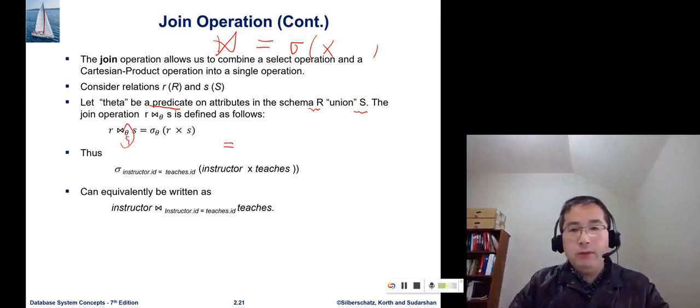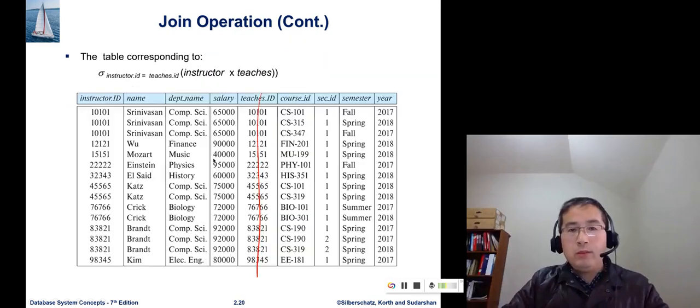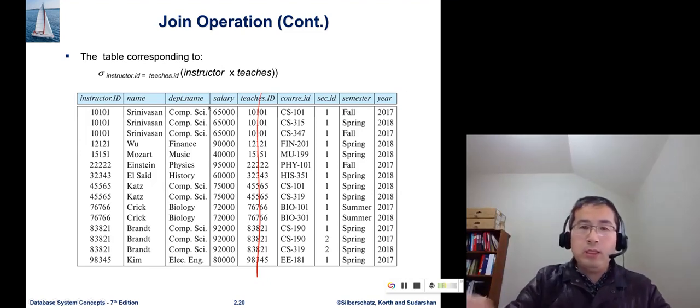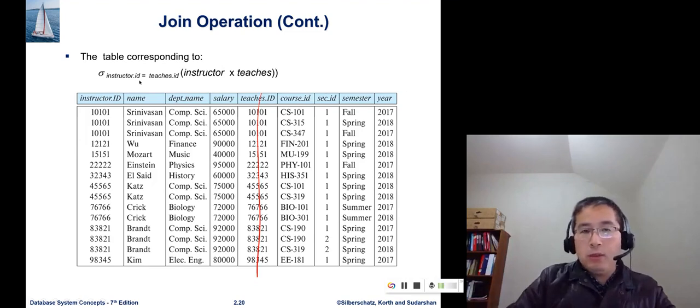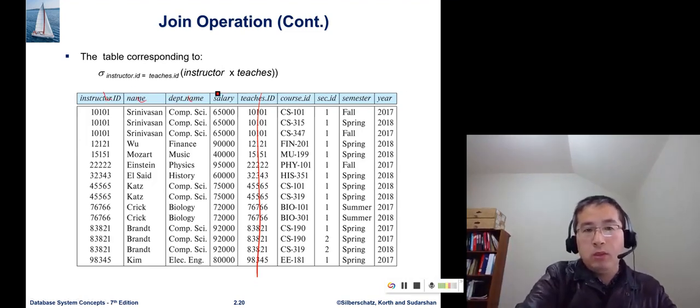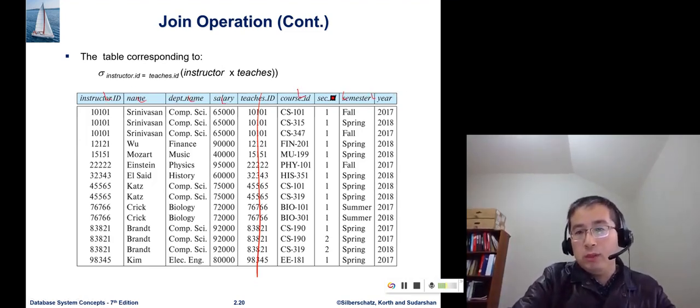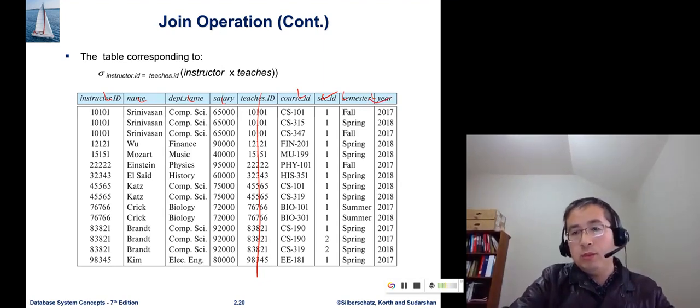For example, for the previous one, we may keep only physics, keep some computer science, and so on. So we can add on more, because the theta will depend on the union of the attributes, that means all attributes.